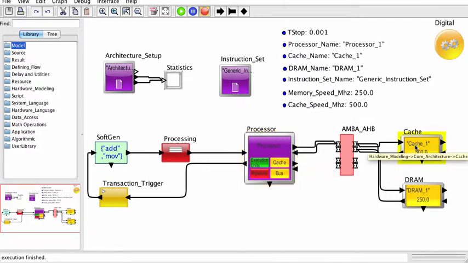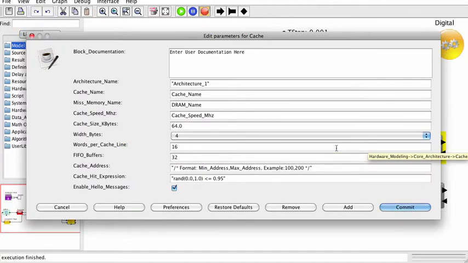Now the cache model is a performance model of the cache, and the block parameters for the cache model include the miss memory name, which means that if there is a cache miss, you need to specify which memory it needs to be sent to, the cache speed, and importantly for this performance model, the cache hit expression.